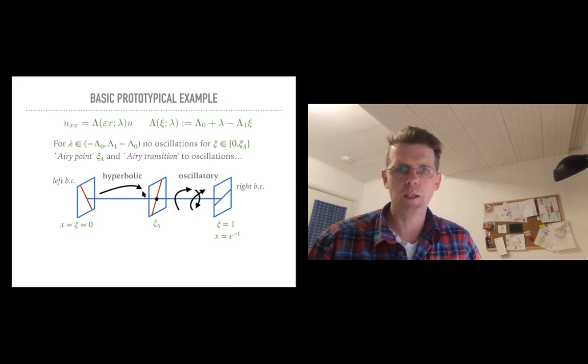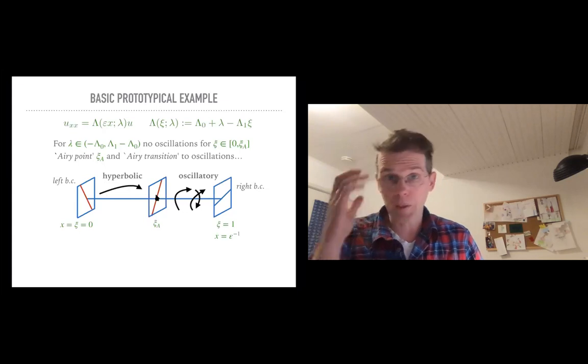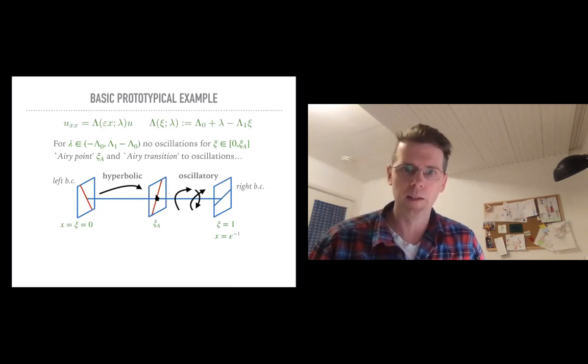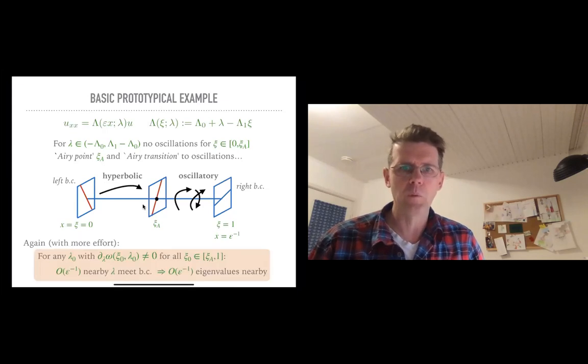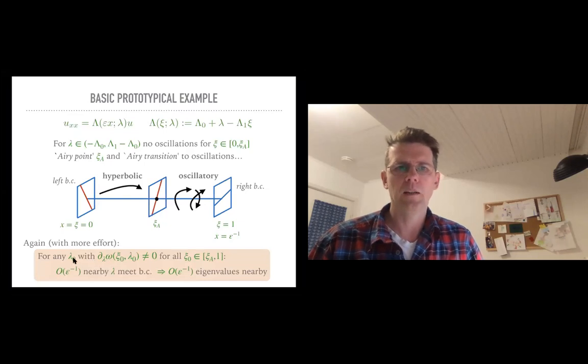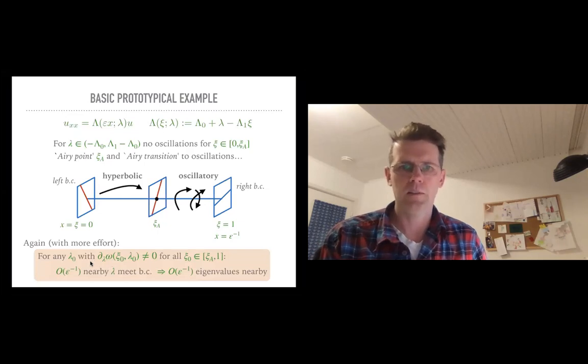It turned out to be more complicated than we initially thought, so we had to extend the paper a bit by proper rescalings and so on. In this particular example, it's not necessary to do all that, but for the complete result, it is rather delicate. But with a little bit more effort, one gets the same type of result. Whenever the derivative of these frequencies is non-zero beyond the Airy point, then we get order 1 over epsilon eigenvalues in the vicinity of any point in this slow absolute spectrum.